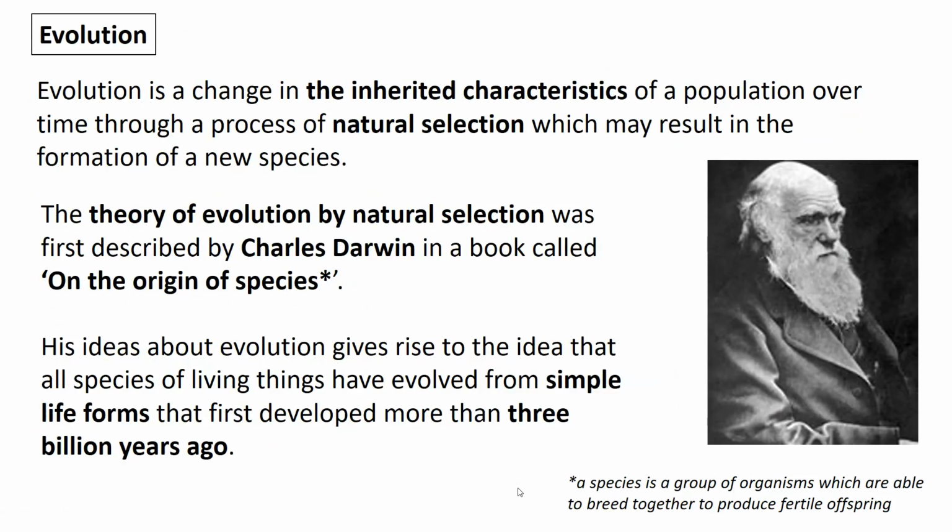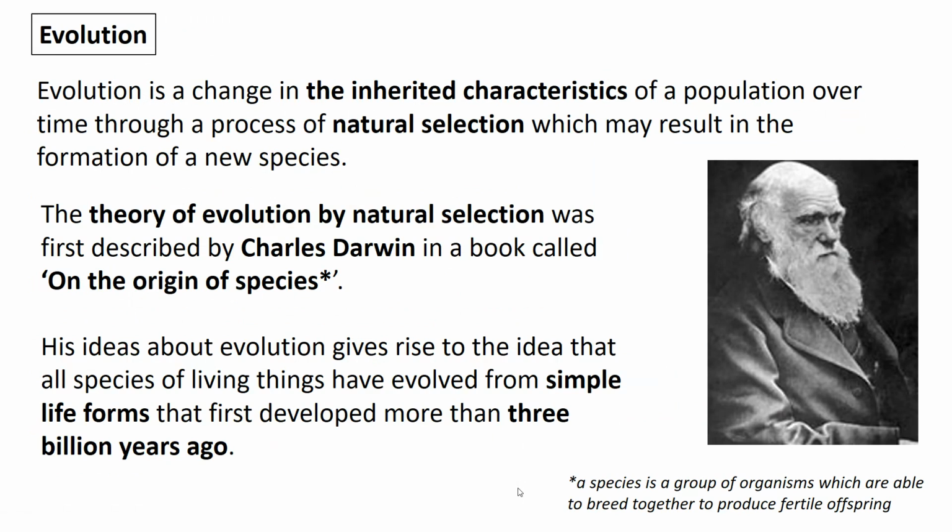And it was Charles Darwin that came up with the idea of evolution. And evolution is the change in these inherited characteristics of a population of a species through a process called natural selection. And that may over time result in the formation of a completely new species. And this theory of evolution by natural selection was first described by Charles Darwin in his book, which he called On the Origin of Species.